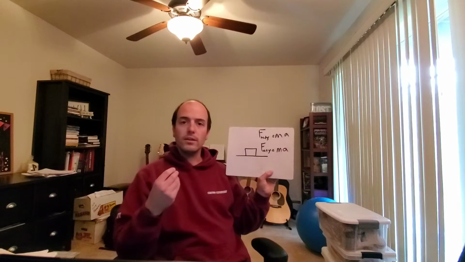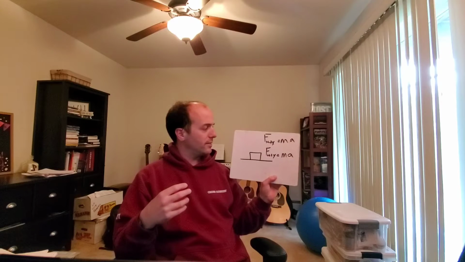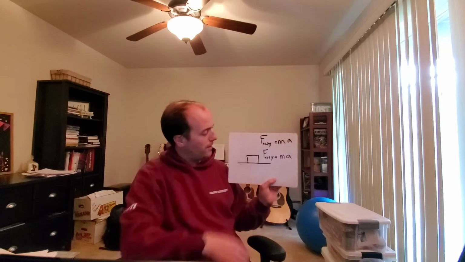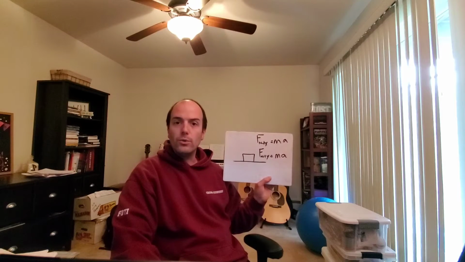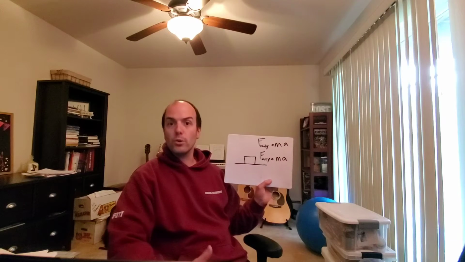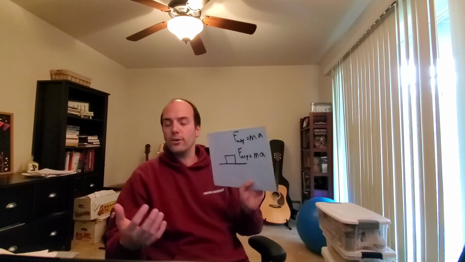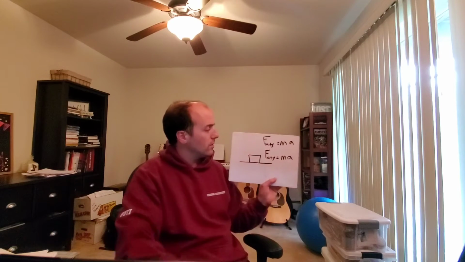You've got to take clues from the problem and decide which forces are moving horizontally, your x, and which forces are moving vertically, your y. If there's a force that's diagonal, make sure that you appropriately break that force into horizontal and vertical components using F cosine theta or F sine theta, depending on what you need, to plug into here.